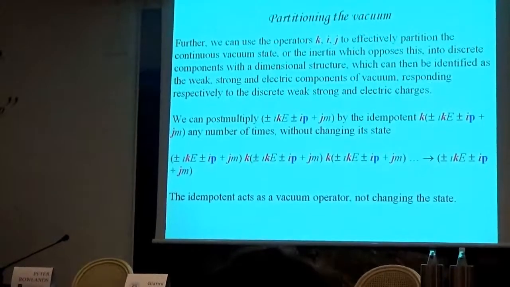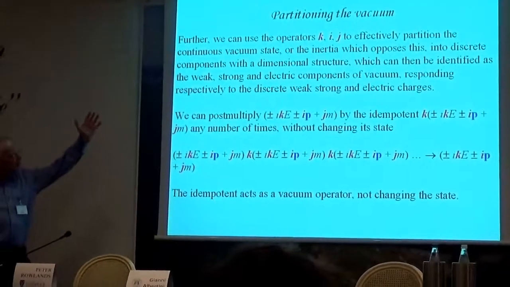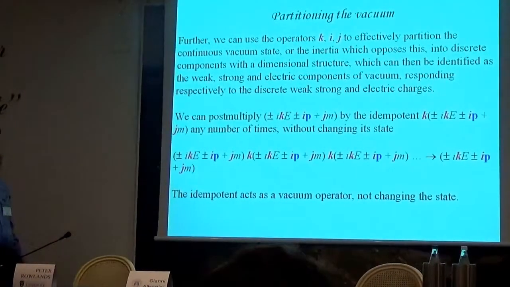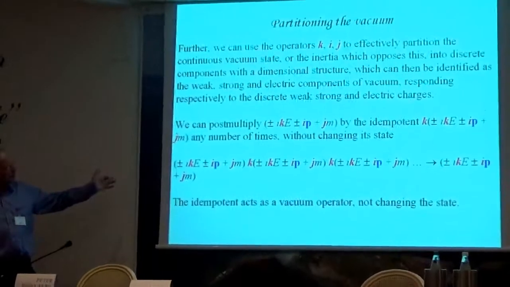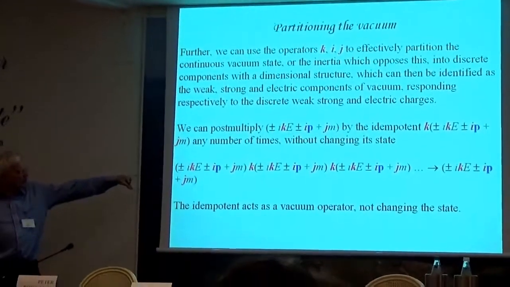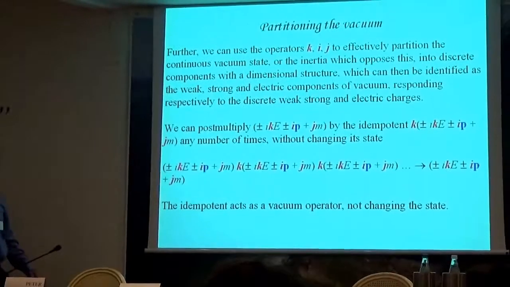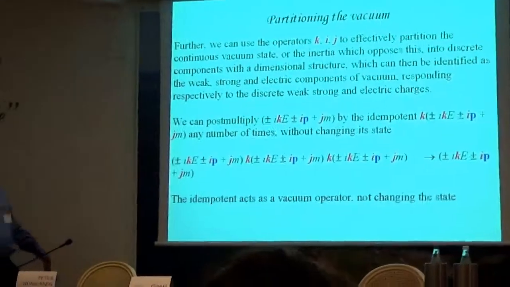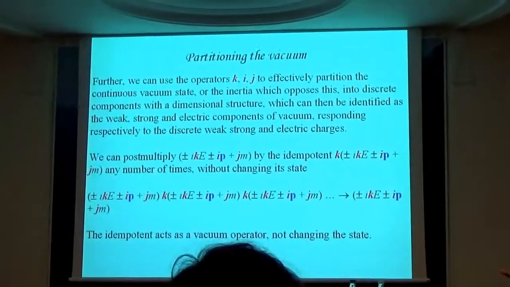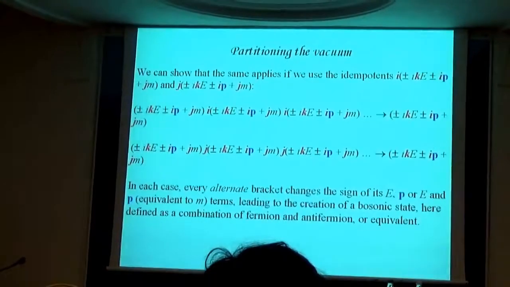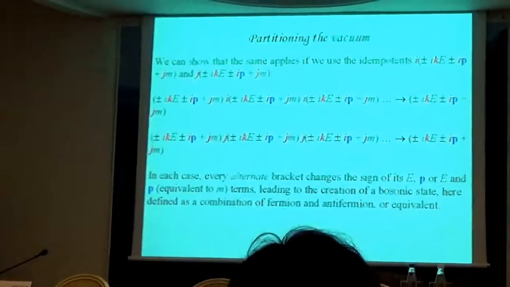We can also use the operators which we identify with charges. We can play some mathematical tricks on them, and we can post-multiply our thing by k, and it doesn't make any difference, it's still the same. The k acts as a vacuum operator. And so does i and j if we choose to do those.